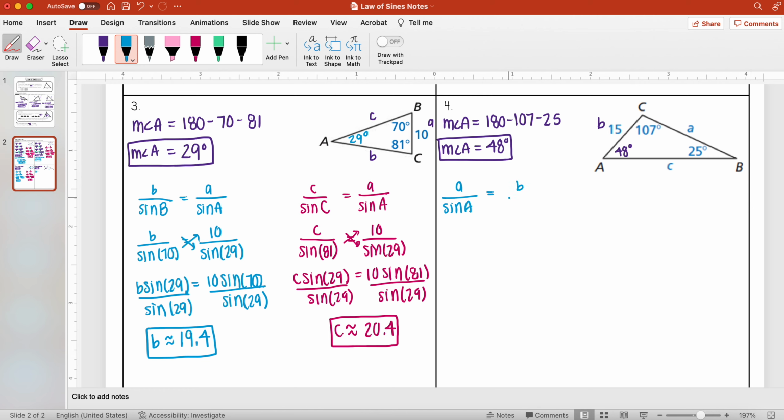So I have B over sine of B. And so since I have both information for B and sine of B, I want to do the same thing over here, but with C. So I have C over sine of C is equal to B over sine of B.